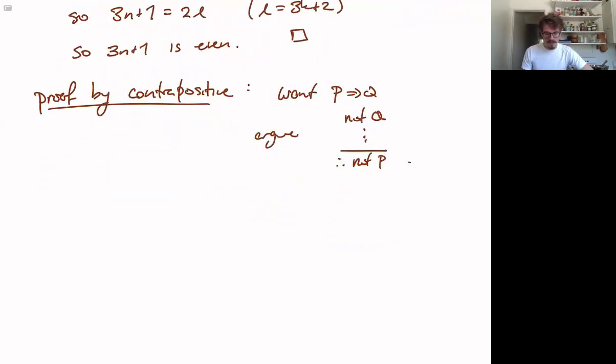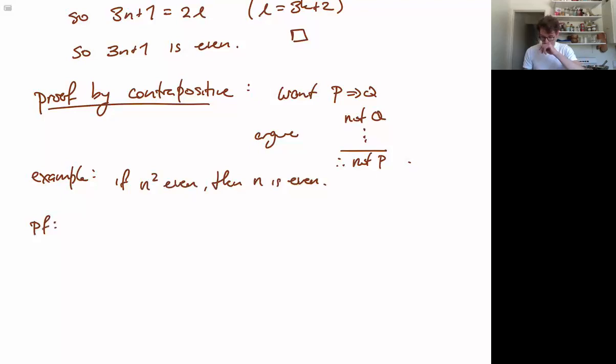So let's give an example of this. If n squared is even, then n is even. So we'll prove the contrapositive. And what is that? Remember, the contrapositive is you change the direction and negate both sides.